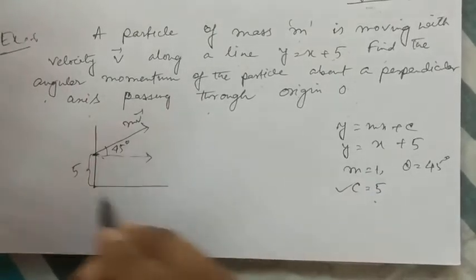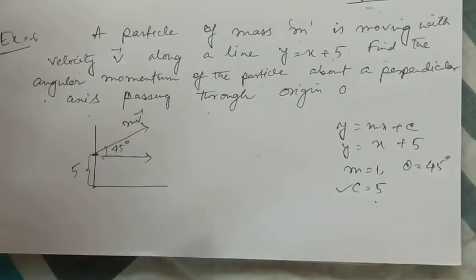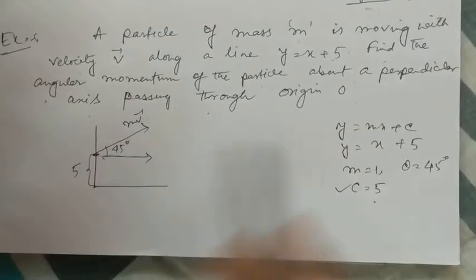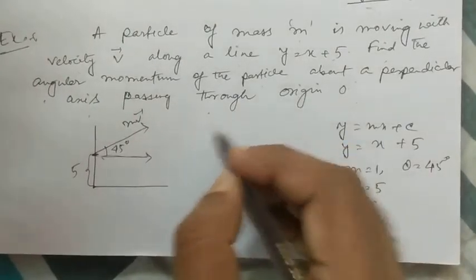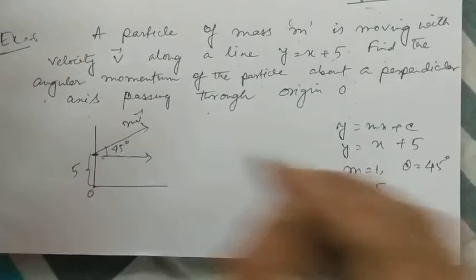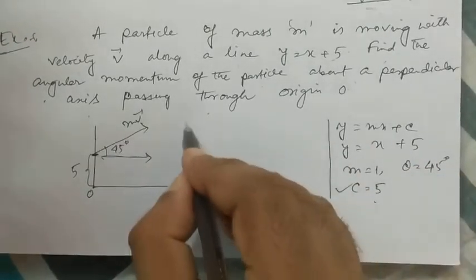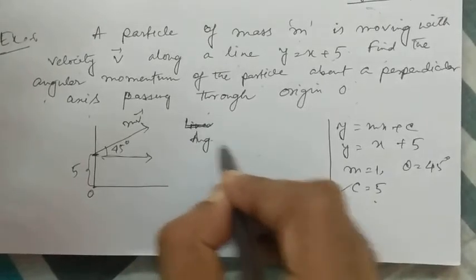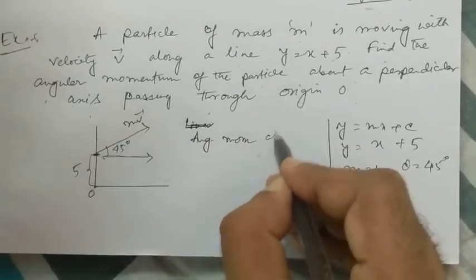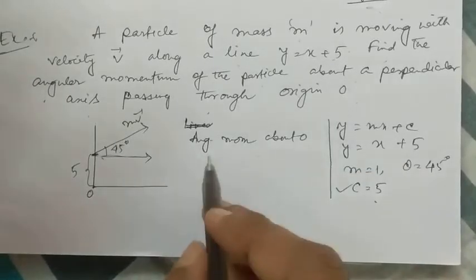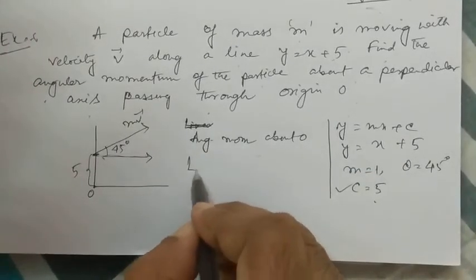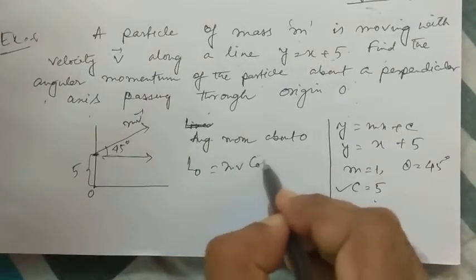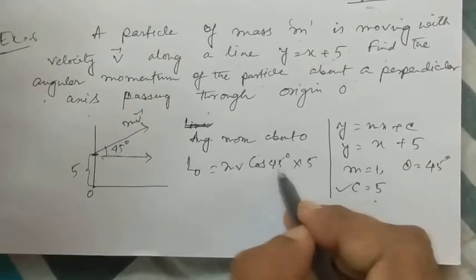Now the question is, find the angular momentum of the particle about a perpendicular axis passing through origin O. If we take this to be O, we can write the angular momentum about O, L O, as m v cos 45 into 5.